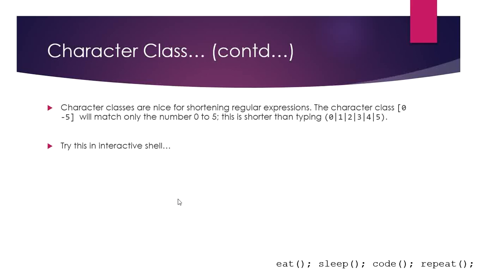Character classes are nice for shortening regular expressions. Like the character class 0 to 5 will match a number from 0 to 5. This is shorter than typing 0, 1, 2, 3, 4 or 5 with pipes between them. So this is better, 0 to 5, rather than writing all that.